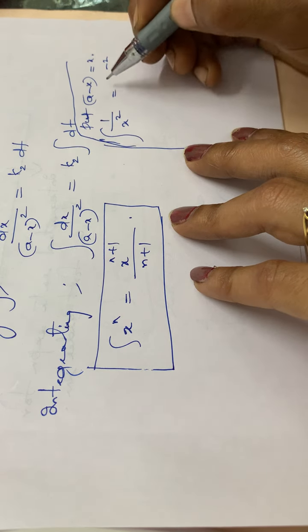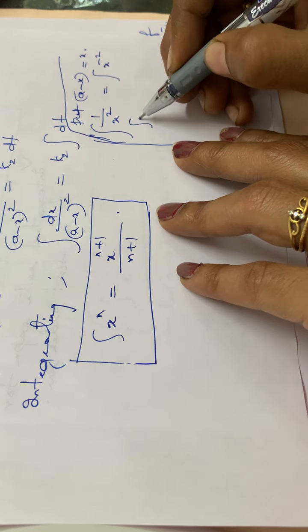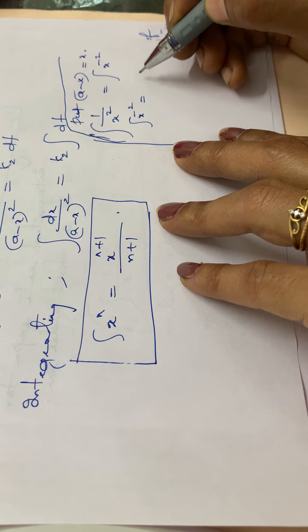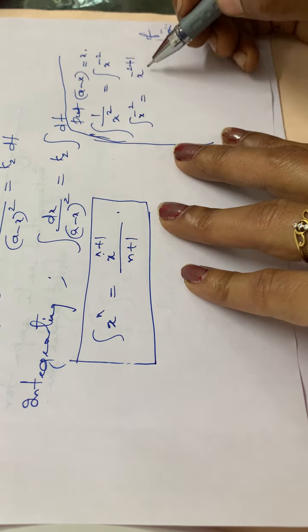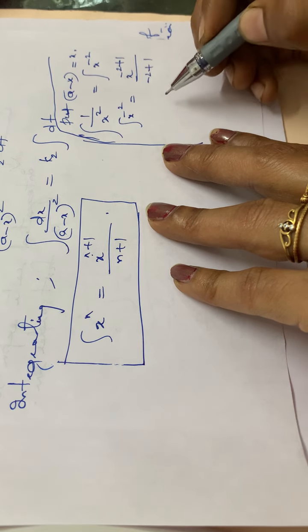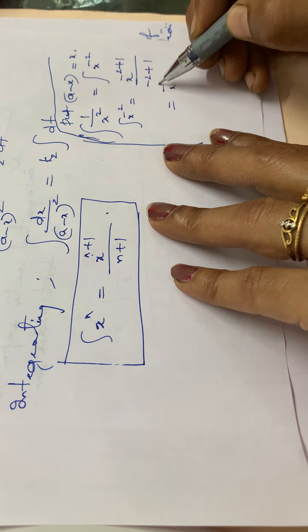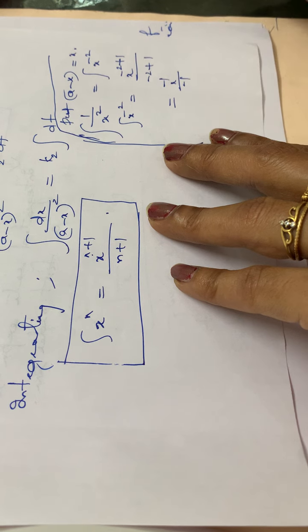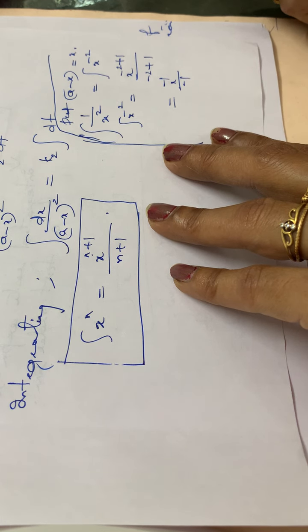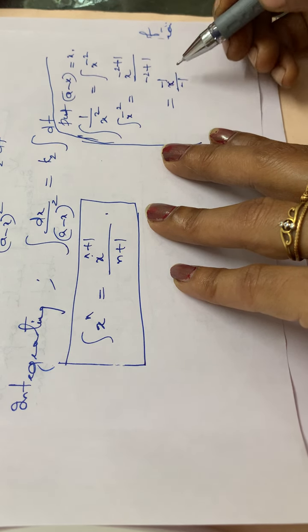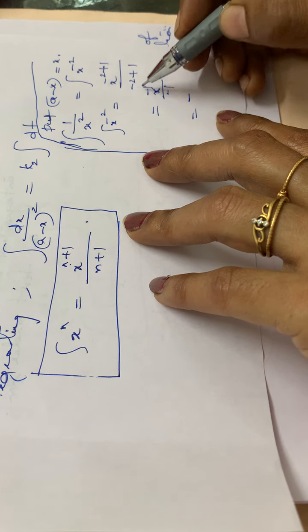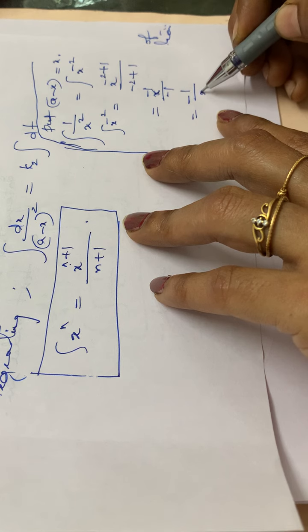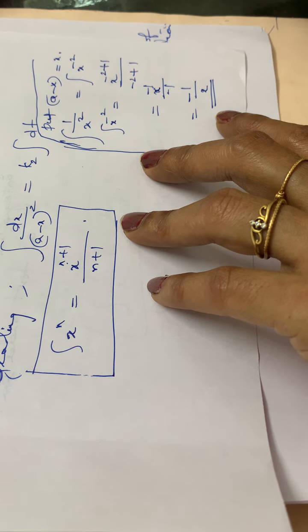Then the integral of x raised to minus 2 is x raised to minus 2 plus 1 divided by minus 2 plus 1, that is x raised to minus 1 divided by minus 1. Since x raised to minus 1 means 1 by x, this will be equal to minus 1 by x.